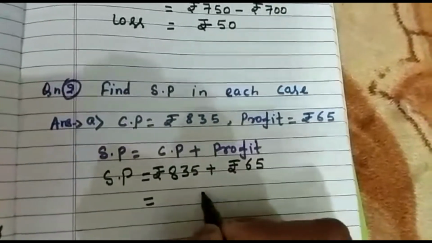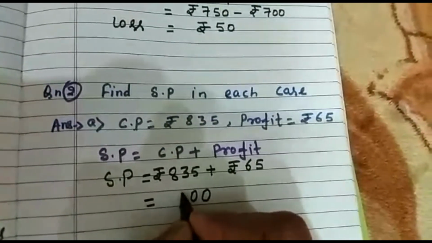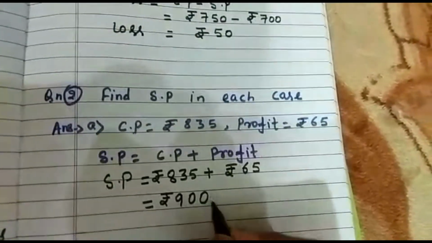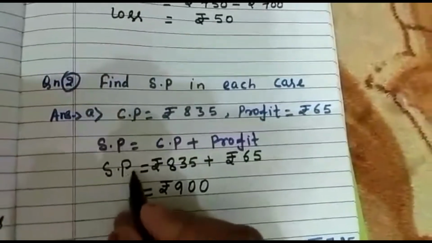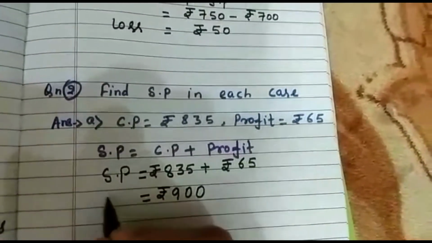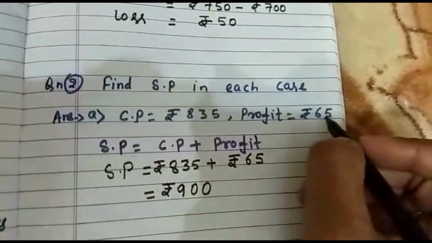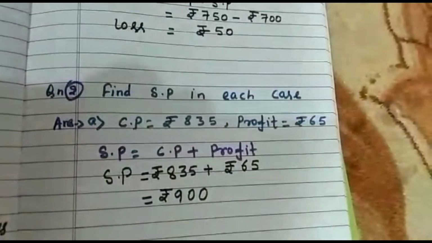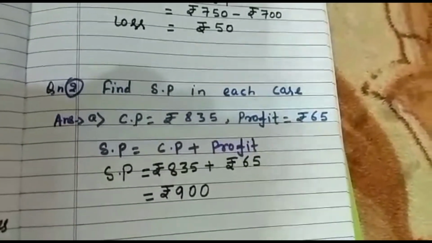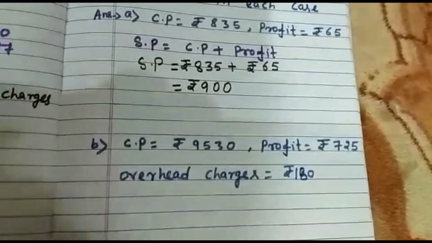Add. 900 rupees is the selling price, means when you sell the thing at 900 rupees, you will get a profit of 65 rupees. Okay? Clear, students? The next question is the same kind.